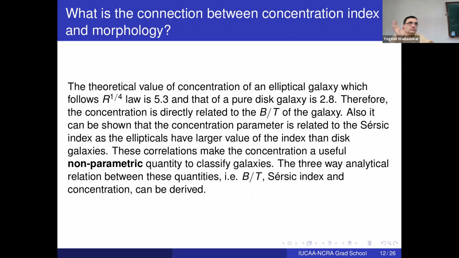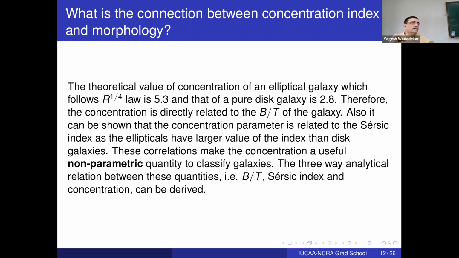Therefore, the concentration index is related to the bulge to total luminosity ratio in a monotonic way. Also, it can be shown that the concentration parameter is related to the Sersic index, as the ellipticals have larger values of the index than disk galaxies. These correlations make the concentration a useful non-parametric way to classify galaxies.